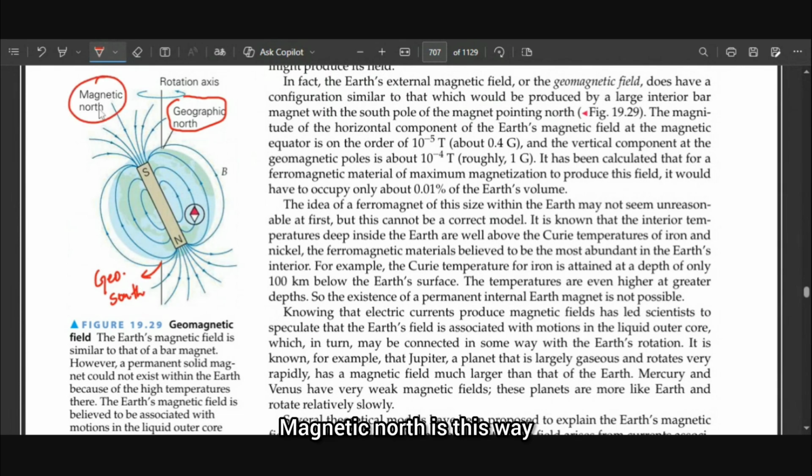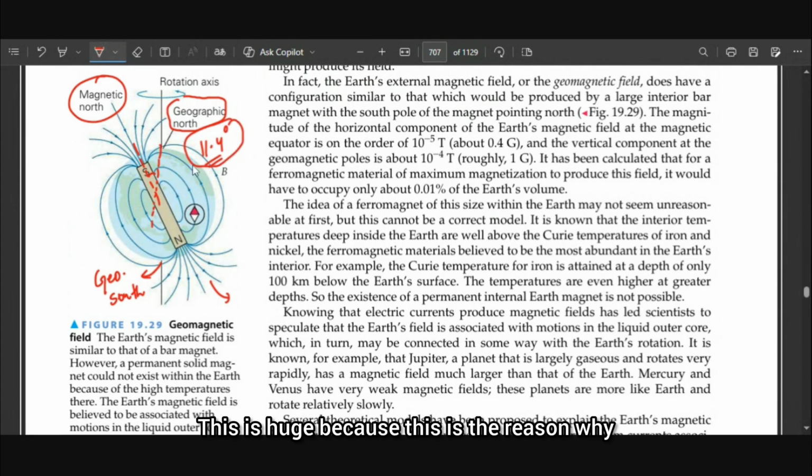Magnetic north is this way, and magnetic south is supposed to be here. What we have to understand here is that the angle between geographic and magnetic axes is about 11.4 degrees.